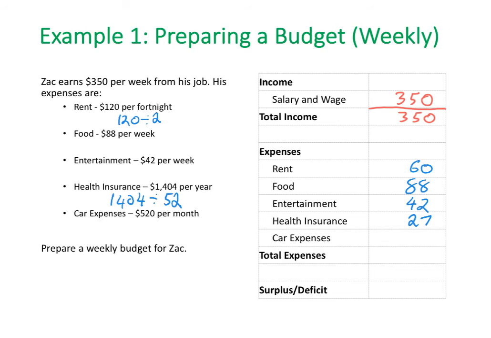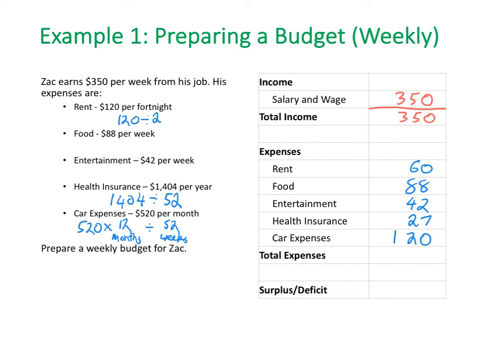The first step is to go 520 times by 12 months. That will give me an annual figure. Once I've got the annual figure, I can then divide by 52 weeks to get me a weekly amount. And that calculation is going to come to $120.